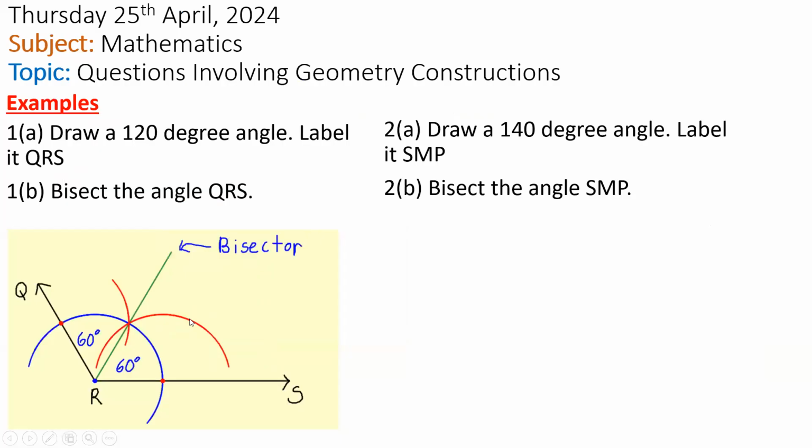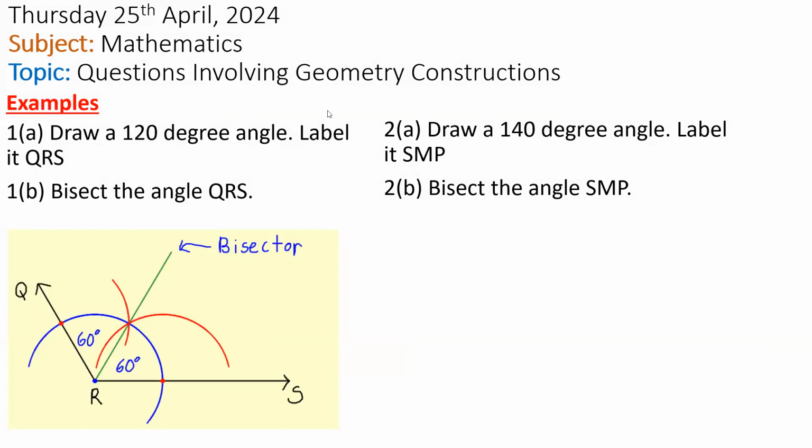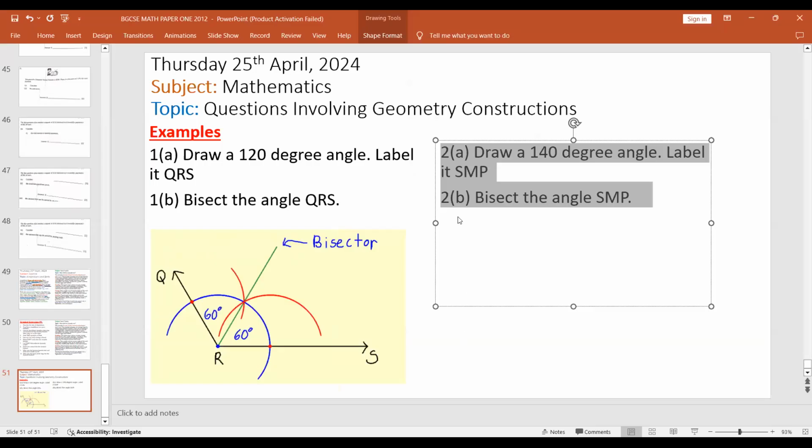If you have a protractor and a compass, you could also do it on your own. You don't have to wait on me. But if you do not have it, then you can wait on me if you don't know how to do it exactly.